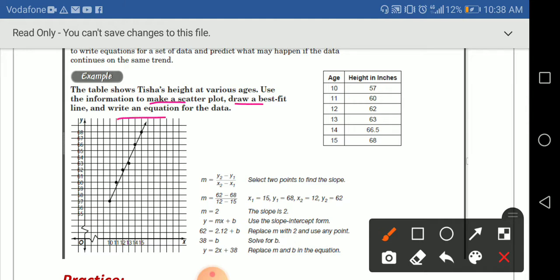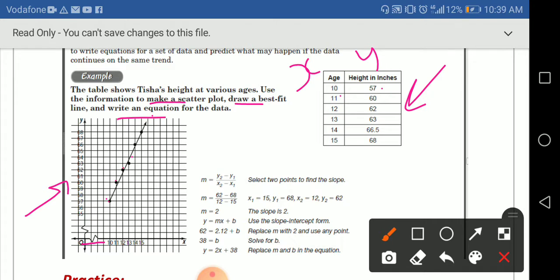I have the data given in this table, and I'm going to give you a graph like this, and first of all you make the scatter plot. So I'm going to draw the dots, 10 and 57, 10 for x and 57 for y. Go on the x-axis to 10, then go up to 57. Then I will draw all the dots.